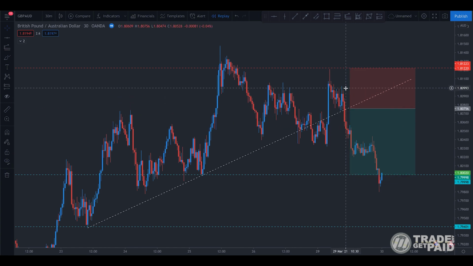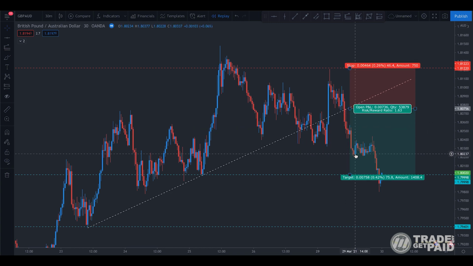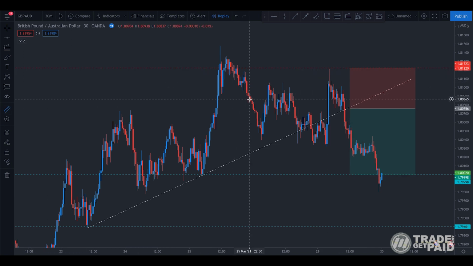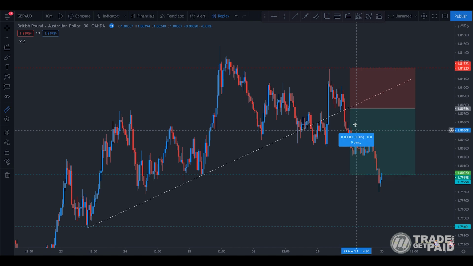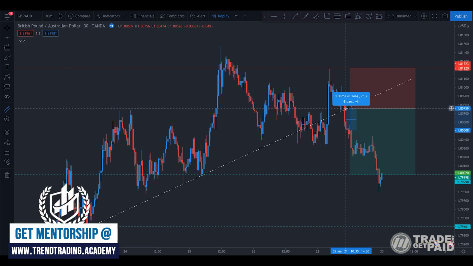However, the further down you go, or in this case, since it's a short trade, the further in profit you go, the further you are from your stop loss. What I mean by that is this. Let's look at this little blue pullback candle right here. From that blue pullback candle, you are 25 pips in profit.